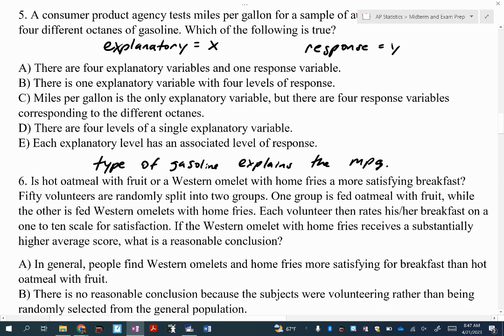So the type of gasoline, or these 4 different octanes, is the explanatory variable. They're trying to confuse you with A, because we only have one explanatory variable, the type of gasoline, but we have 4 different levels of it. There are 4 levels of a single explanatory variable.